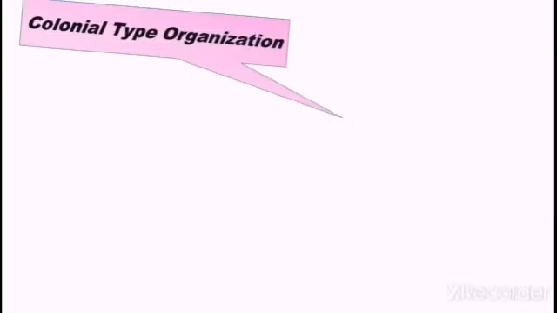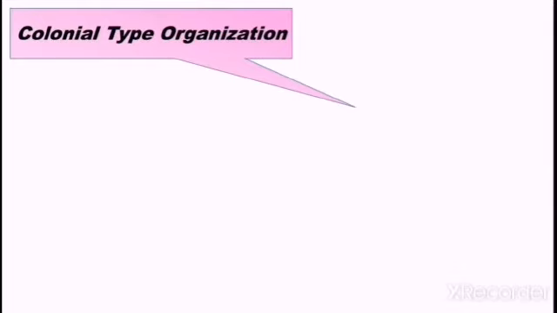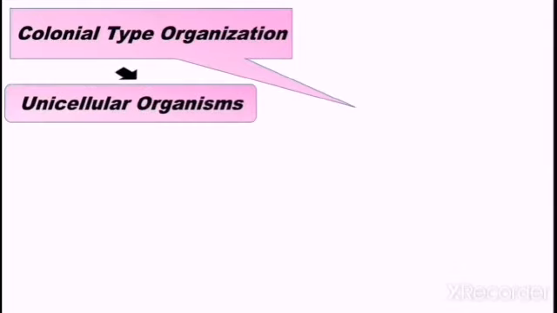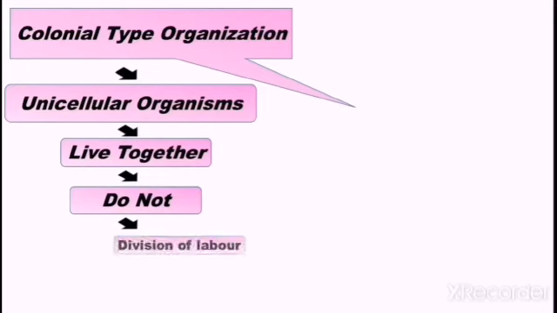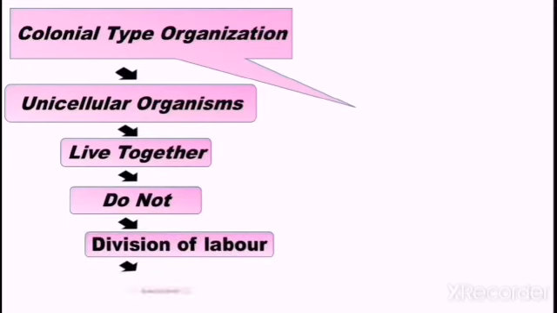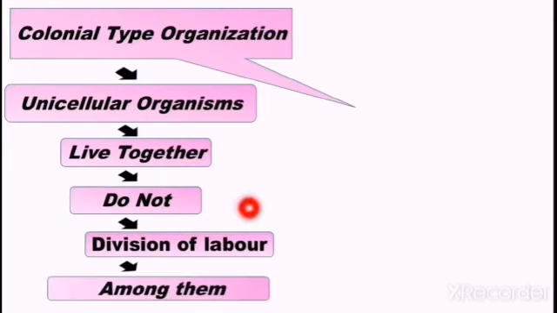The next is colonial type organization. What is colonial type organization? In colonial type organization, many unicellular organisms that are made up of only one cell live together. But they don't have division of labor among them. What does division of labor mean? Every cell is independent and does not depend on each other for their vital requirements of life.